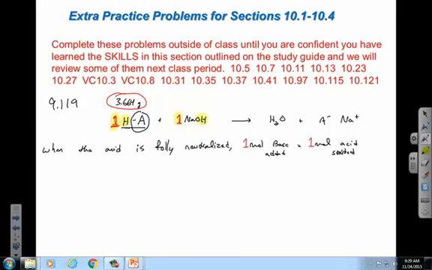If I had a different ratio in the balanced reaction, I would still know the relationship. It just wouldn't be 1-to-1. It might be 1-to-2 or 2-to-3 or something. So that's a relationship that I can use.